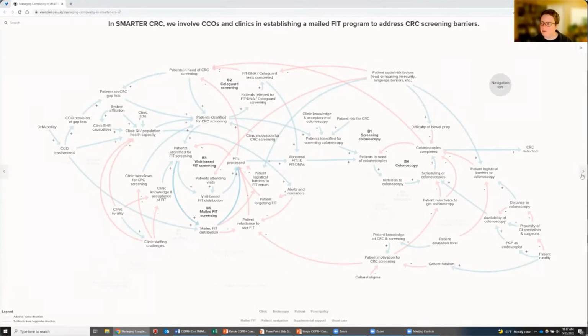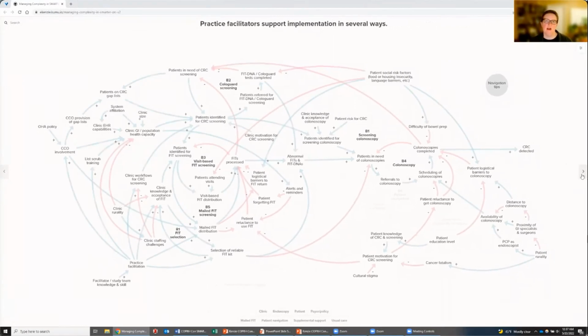And part of our study is that we have trained practice facilitators to support the mailed FIT implementation. They do training, supporting clinics in choosing high quality FIT kits. They facilitate monthly implementation meetings, provide a range of other assistance to make sure it goes smoothly.